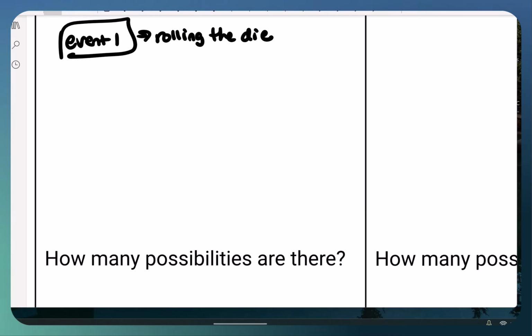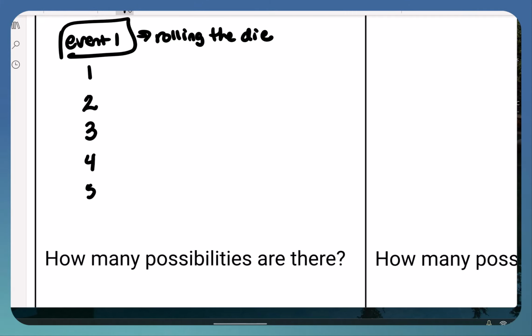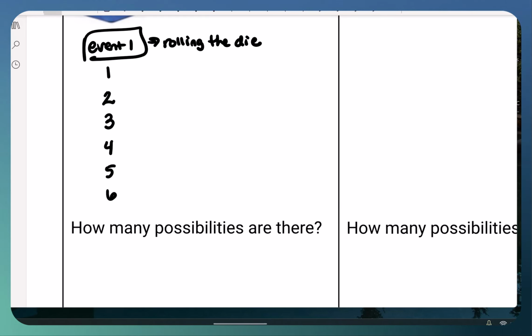So that's where we're going to list it. So the listing of each outcome, that's where our sample space comes into play. So I'm going to do 1, 2, 3, 4, 5, and 6. Now, obviously, if it's a different die, if it has 20 sides to it, I'm going to have 20 numbers there, okay? So how many possibilities do I have if I have the one event and I have 6 outcomes? 6 totals, right?